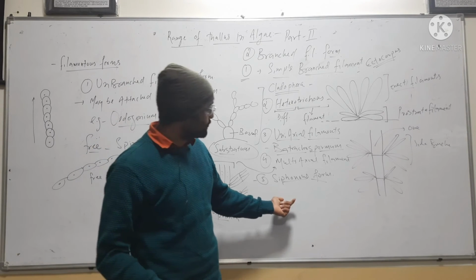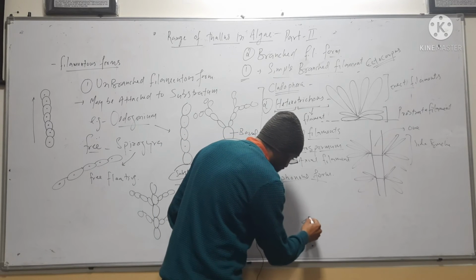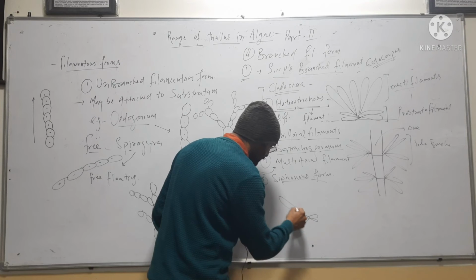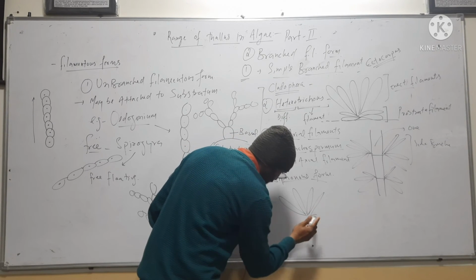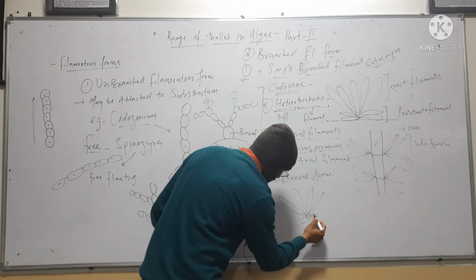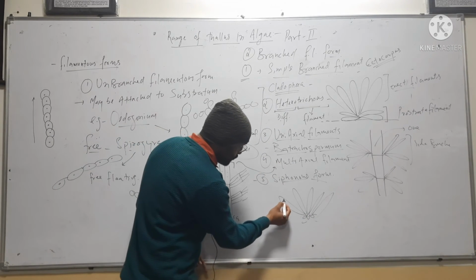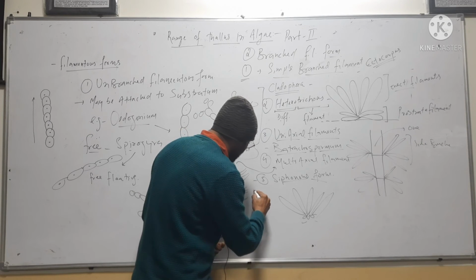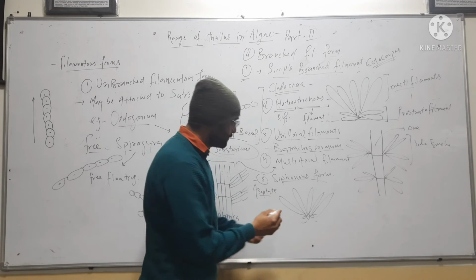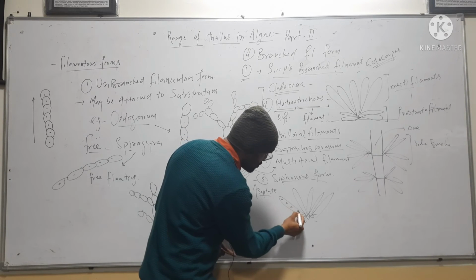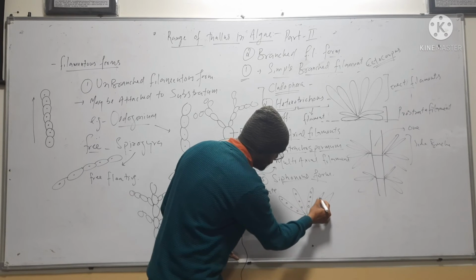Next is siphonous form. Here in this, a filament is simply branched, a simply branched filament without septa, aseptate. Branched aseptate filament means there are no septa and the filament is multinucleated.